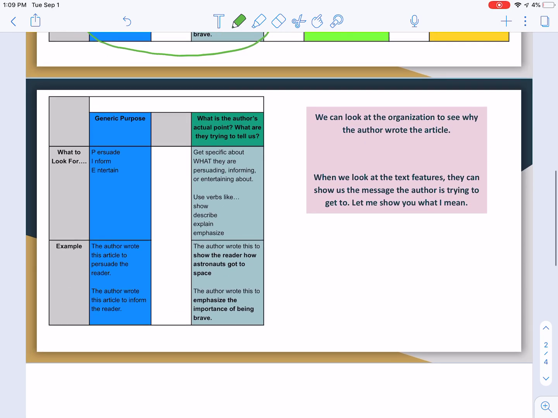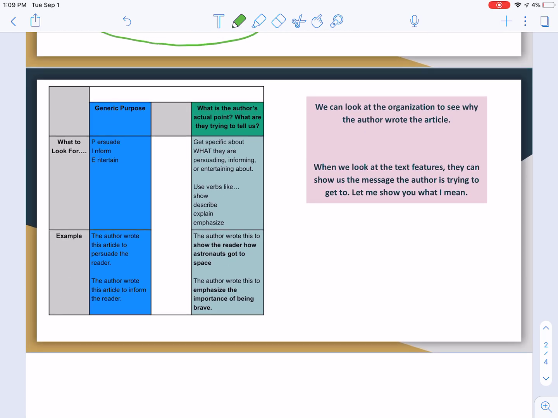So if we're looking at just these two columns, we know that if we're looking for the generic purpose of the text, we're looking for persuade, inform, or entertain, right? We are prepared to say whether an article is persuasive, informative, or entertaining.